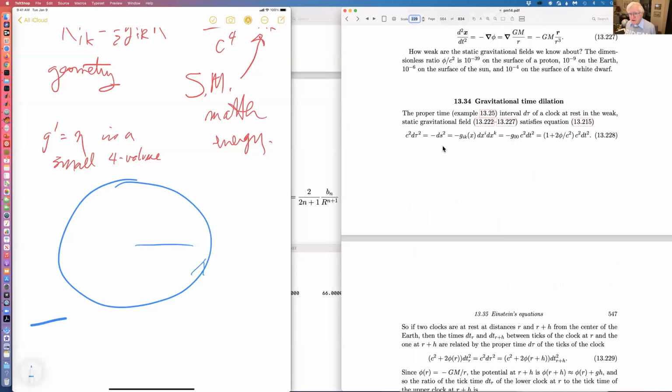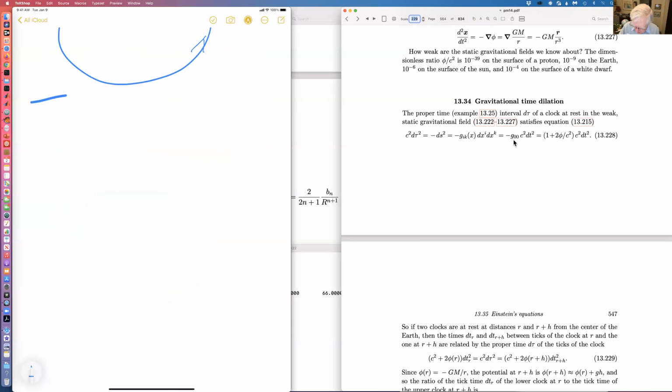You can also figure out what the time dilation is. And here we're talking about particles that are essentially at rest. So c squared d tau squared is minus ds squared, which is this, and so you have this expression here. And if the particle is essentially not moving in the lab frame, then what we get is simply this, where this thing is g_00. Remember that g_00 is normally negative, because the metric of flat space is minus 1, 1, 1, 1.